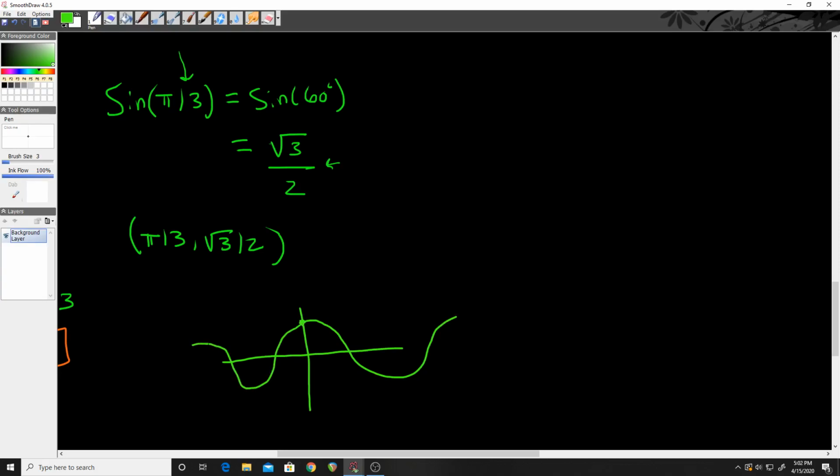Okay. Now, first of all, notice if I try to go from minus pi over 2 to pi over 2, that's not allowed. Because that's still not invertible. It doesn't pass the horizontal line test. If I go from minus pi over 2 to pi over 2, then I'm not invertible. So I have to do something else. And so if we take a look, the maximum is supposed to be here.